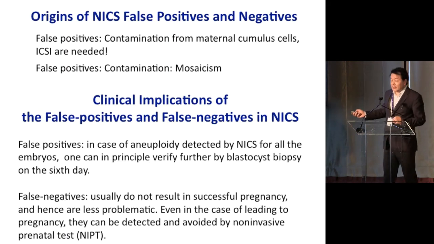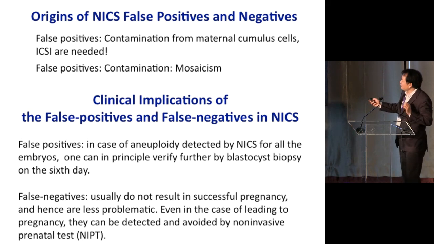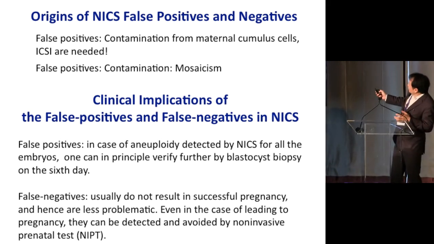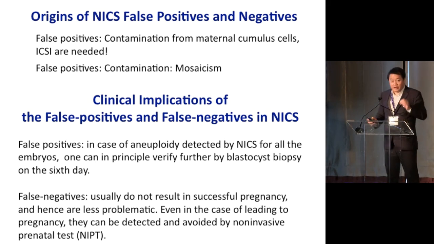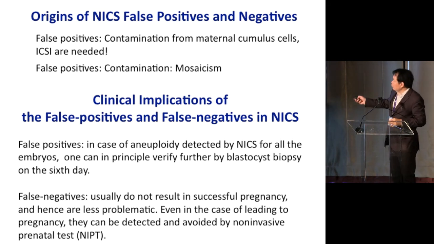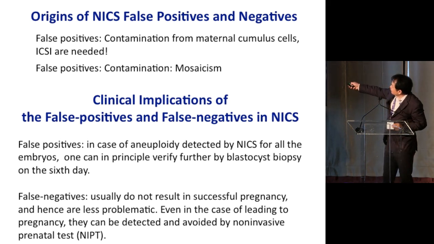Okay, so now you might ask, what is the origin of the false positive and false negative? The false negatives, we believe, come from contaminations from the maternal cumulus cells. We had to do ICSI. It's important to do ICSI, then you only have the DNA from one sperm. Now, what about the false positives? Actually, I apologize.